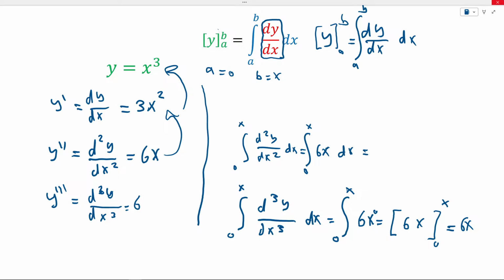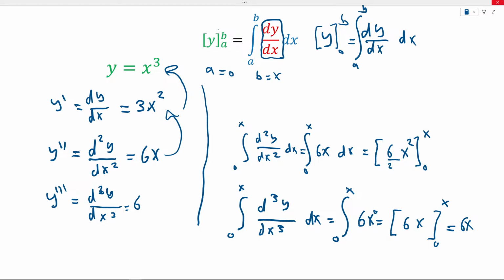So if I integrated this guy, do you remember what the rule is? You make something that looks like this, from 0 to x. And what is the rule? The rule is you add 1 to the power. So this is x to the power 1 plus 1, so that would be 2. So x to the power 2. And then you divide by this new power that you have. So you divide by 2.